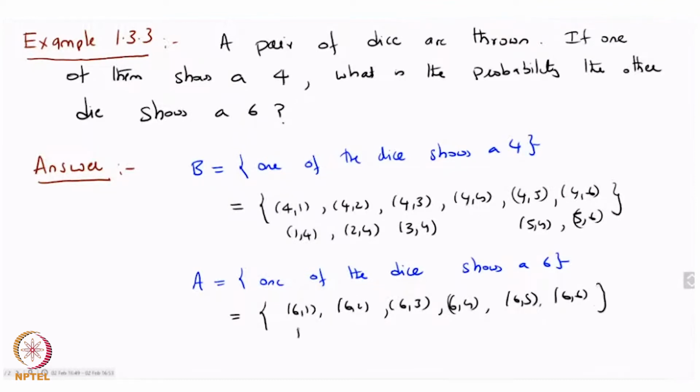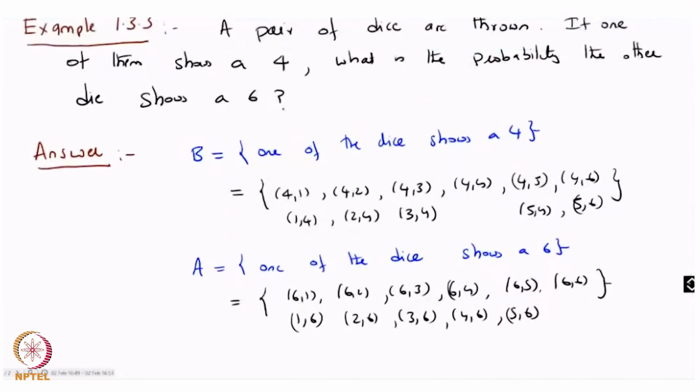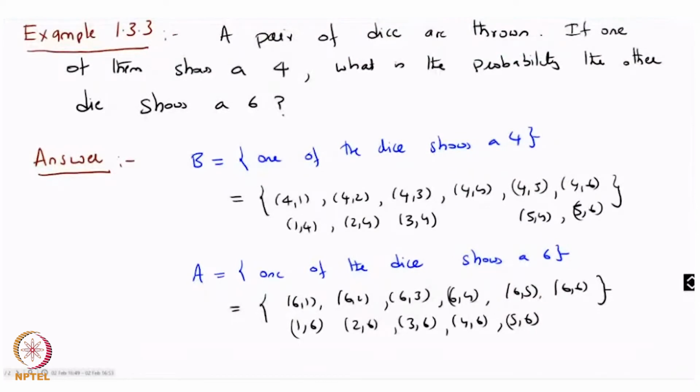And the other one is where the other die shows a 6: 1,6; 2,6; 3,6; 4,6; 5,6. And I've already counted 6,6, so I will not count it again. So these are the 2 outcomes that we have. And what are we interested in? We know that one of them shows a 4, that means B happens, and we want the other to show a 6. So we want to find the probability of A happening given that B happens.